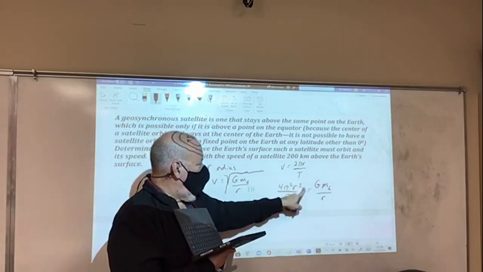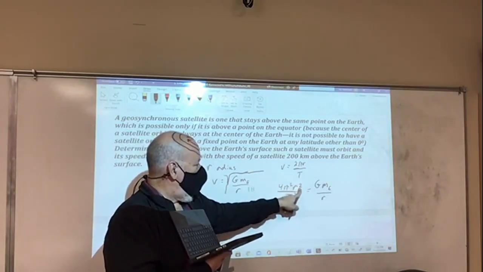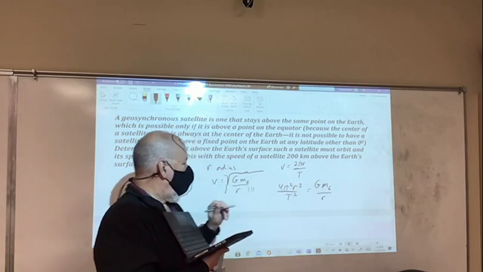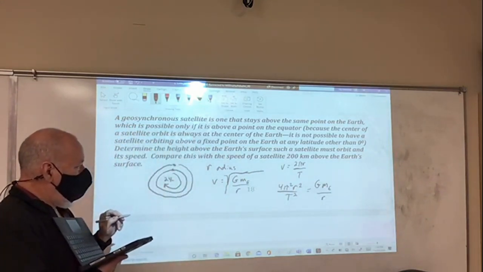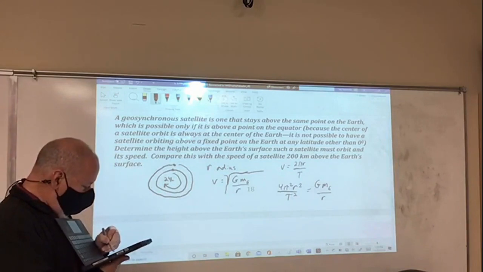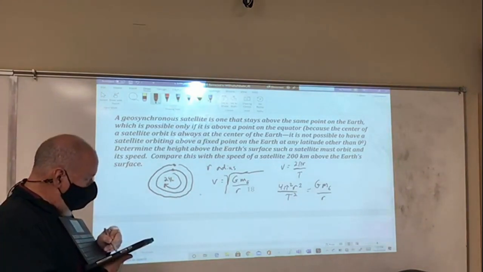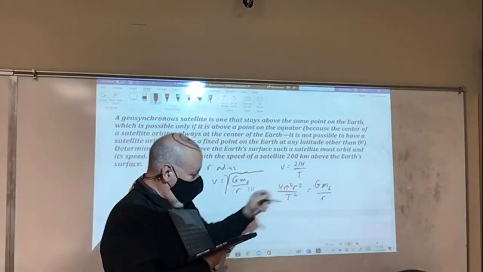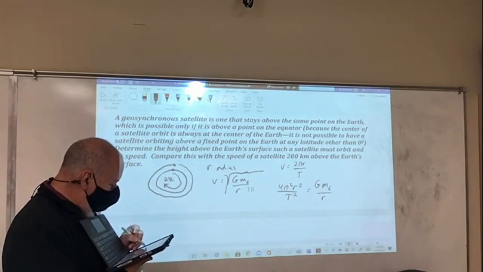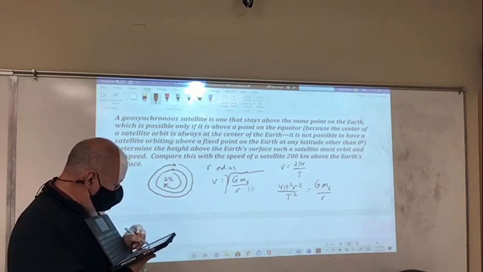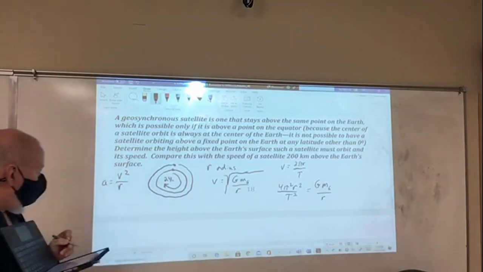And in this case, I don't have the r underneath to cancel that, right? Let's make sure we understand that with the centripetal acceleration, a equals v squared over r, right?